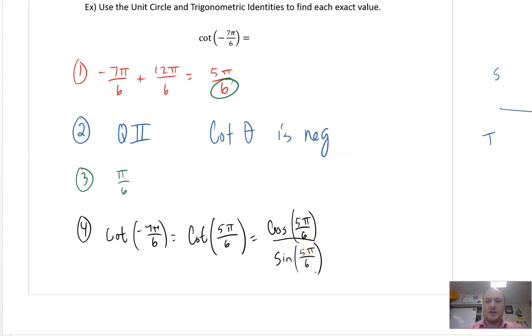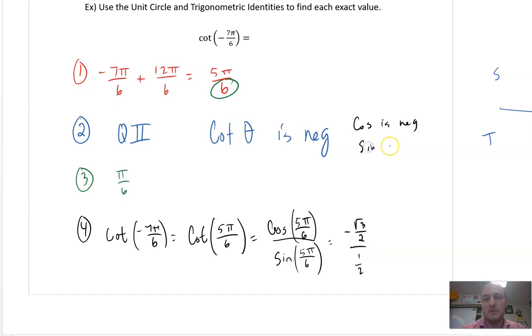Here's where you have to put in your values. I have a pi over 6 angle, and I know that cosine is root 3 over 2, but it's going to be negative because it's in quadrant 2.